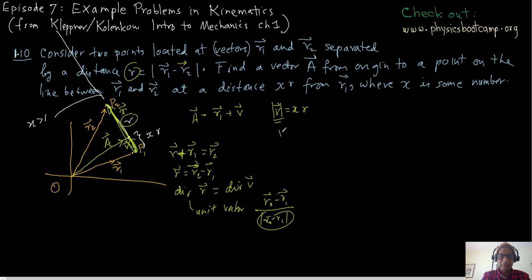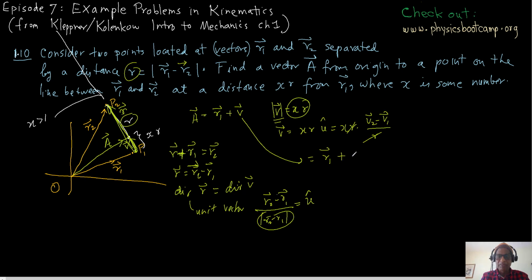So vector V is the magnitude xr times this unit vector, which is xr times (r2 minus r1) over r. The r cancels out, and so the A vector is simply r1 plus x times (r2 minus r1). Combining the r1 terms, it's (1 minus x) times r1 plus x times r2. So that's the answer.